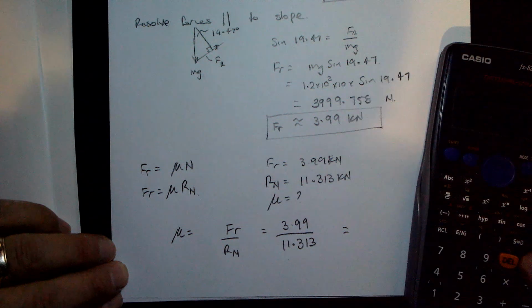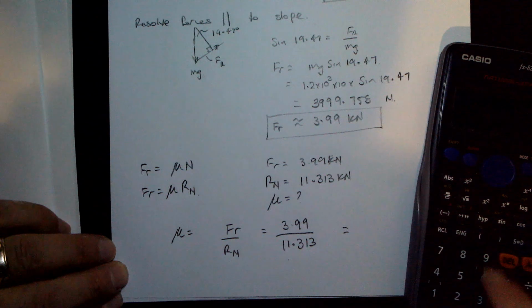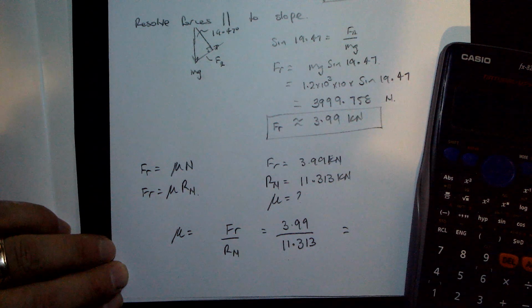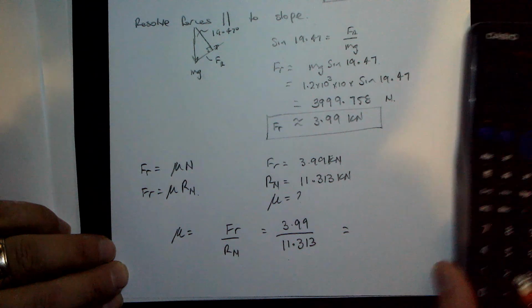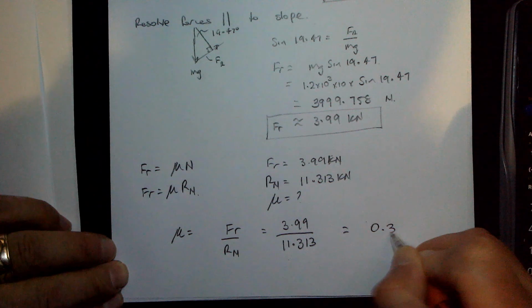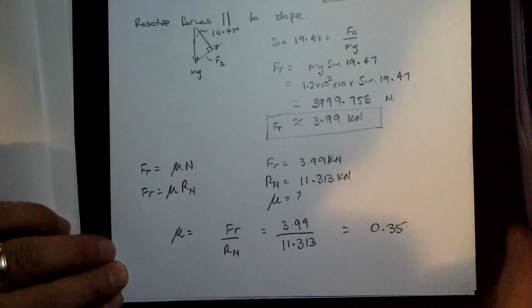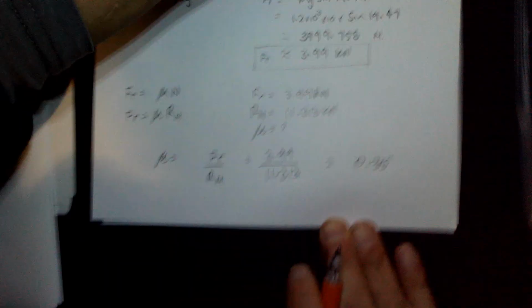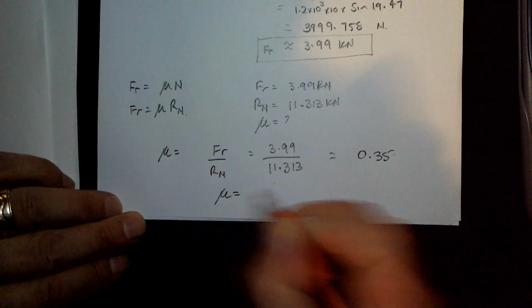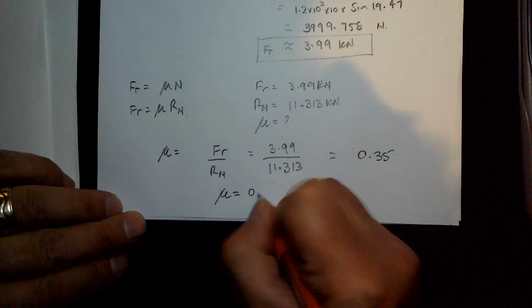So mu is equal to 0.35. Okay, so the coefficient of friction between the tyres and that particular ramp in this case is 0.35.